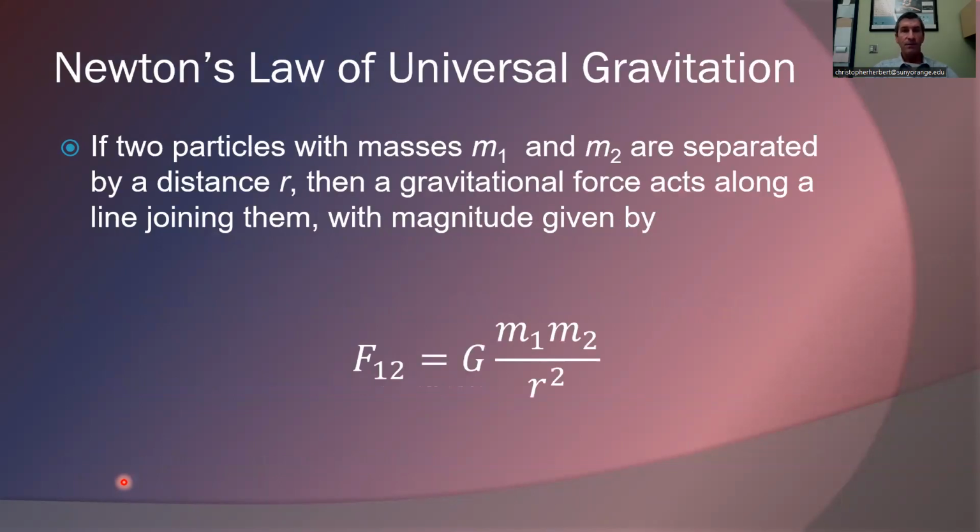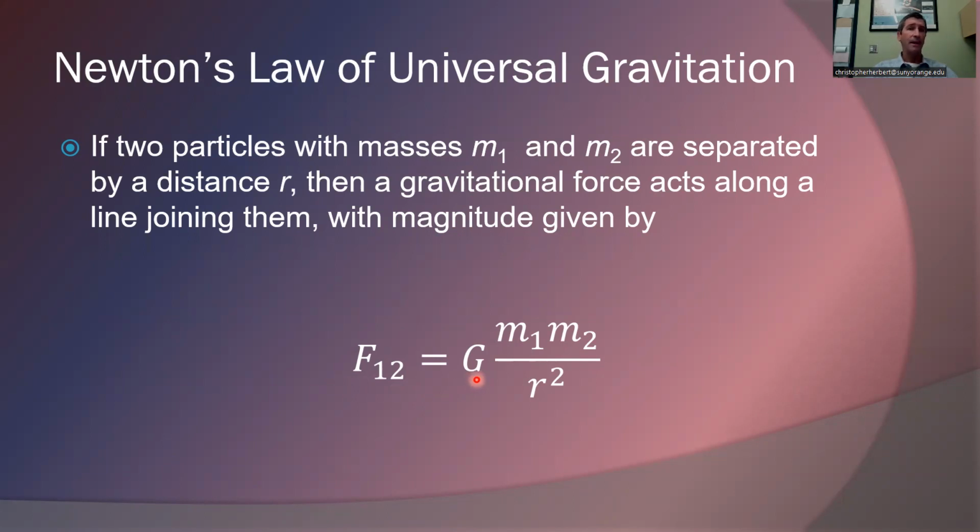So again, here is Newton's universal law of gravitation, just looking at the magnitude of the force. The force on a second object due to a first object is equal to this universal gravitational constant. Big G, of course, is a little bit different from little g. Little g just works for the acceleration of gravity on the surface of the Earth, 9.8 meters per second squared.